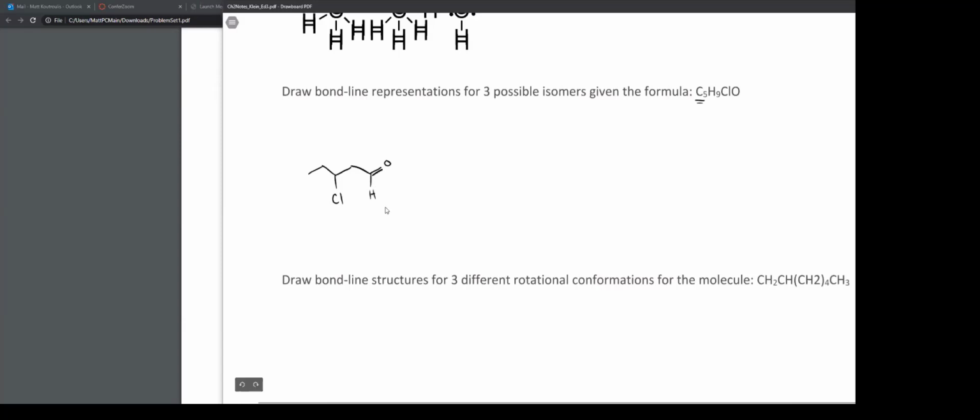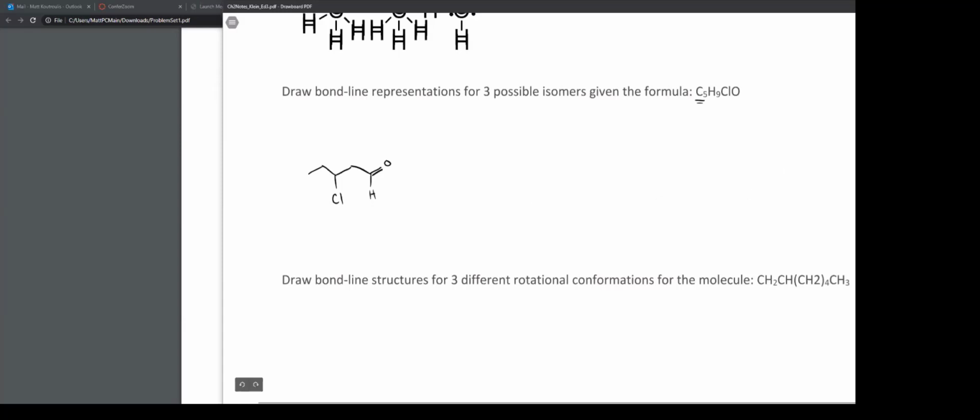It really is awful when people blow 10 to 20 points on the first exam because they drew all the things and they didn't have the right number of hydrogens. Always check. If this has 9 hydrogens, 9 hydrogens. So 3 plus 2 plus 1 plus 2 plus 1 would be there.